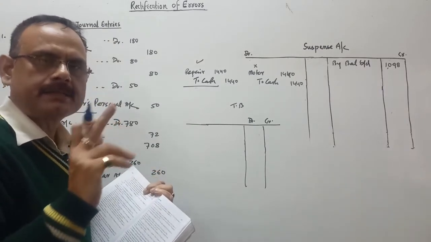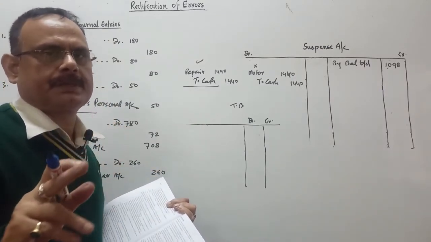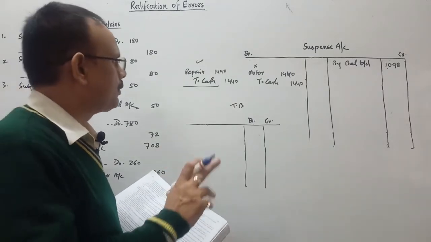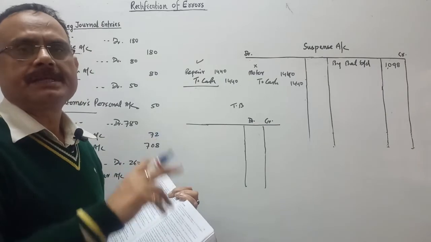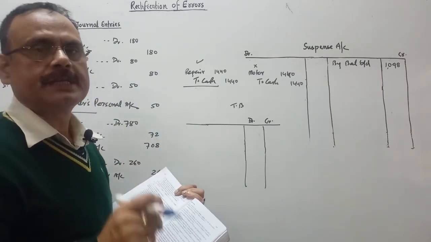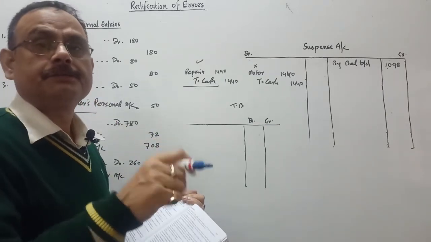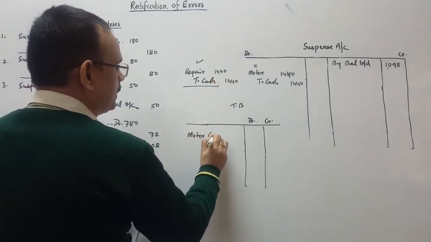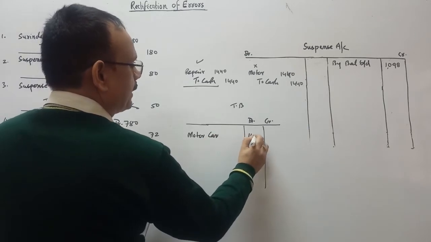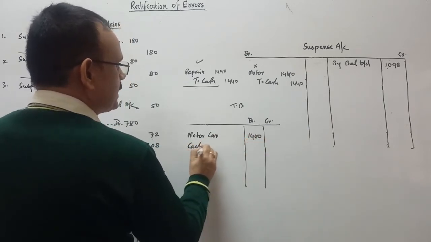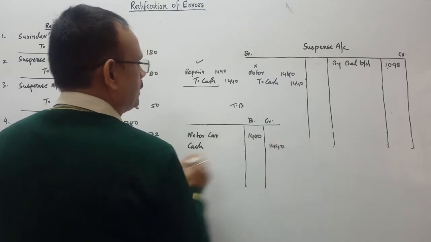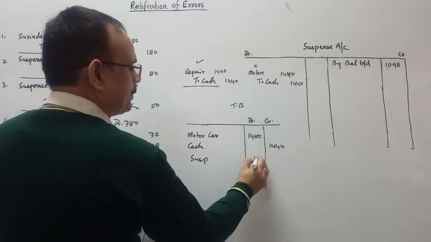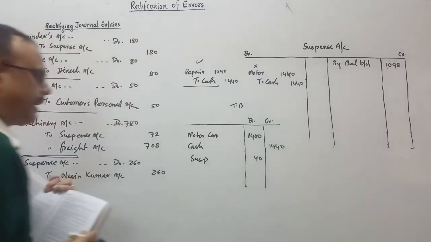One is error of principle, failing to discriminate between revenue expenditure and capital expenditure. Number two is a mistake in posting: instead of posting 1440, he has posted 1400. So in the motor car account it is 1400, but in cash there is no mistake in the credit side, 1440. So cash is correct, but the suspense account is opened because of that 40 rupees, to tally the trial balance.